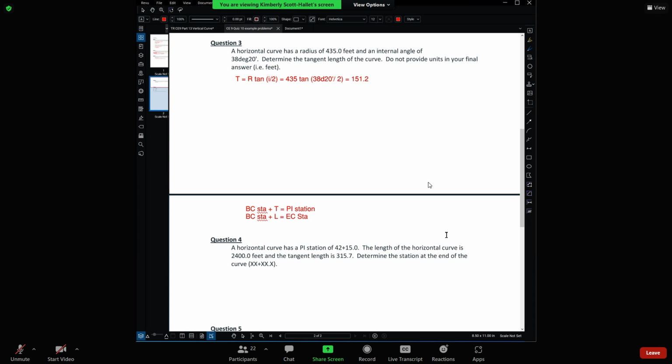So PI stations are along tangent lengths, and a curve station is relating that horizontal curve. So the EC station is not equal to my PI station plus T.